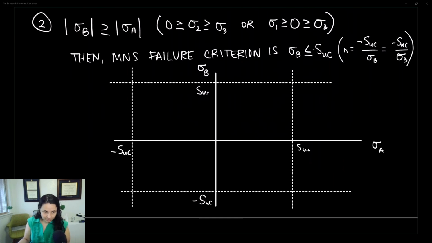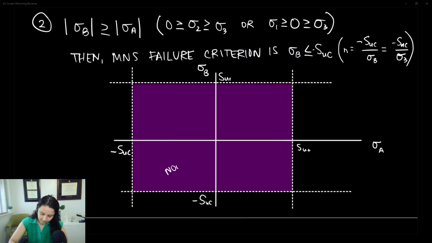And that's our failure envelope. Okay, so if our design stresses are anywhere inside of this shaded region, then we do not predict failure. It's our non-failure region. Okay, so this is the most straightforward failure envelope we're going to see. It's just a box, right? Just a rectangle.